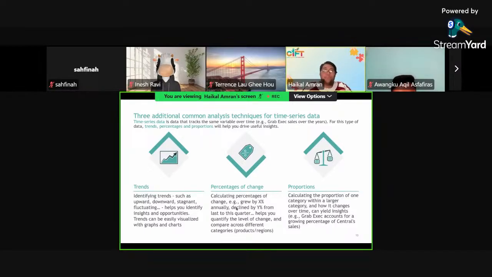So it's really important for you to understand and highlight the proportion of one subcategory within the larger category of things. All right. So that eventually, when you do the recommendation part, you know what to focus on and what not to focus on.